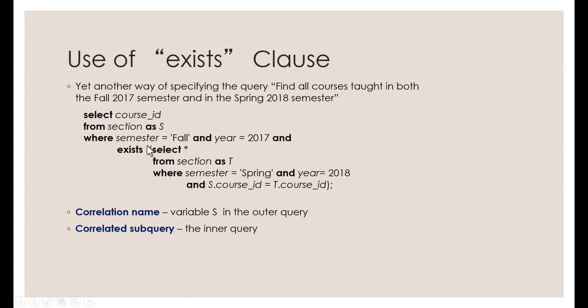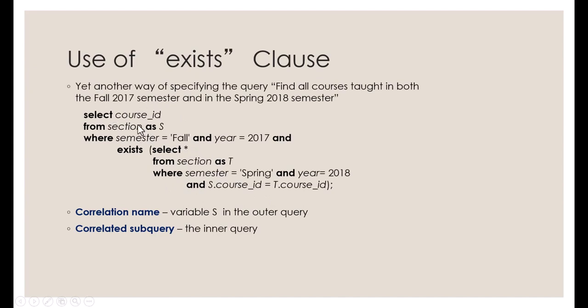So let's take a look at the subquery here. Select asterisk, meaning select everything from section. Here we had a section, we called it S. Here we're calling it T. Here the semester is spring and year is 2018. And we want the course ID from this section and this section to be the same.